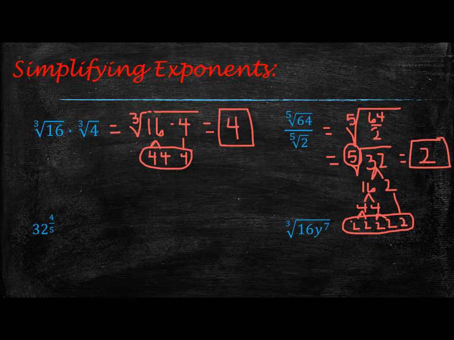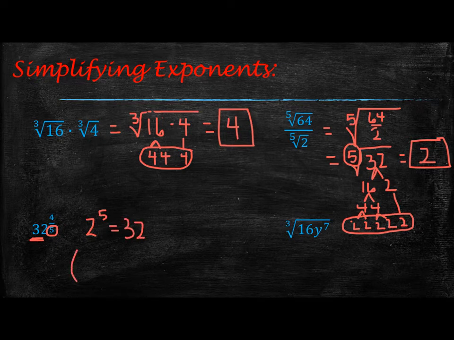Okay, let's look at this next one, 32 to the 4/5 power. I could convert it to a radical, but let's look at this a little differently. If you have a denominator of 5, let's see if we can write 32 to have a power of 5. In this previous example, we noticed that 2 to the 5th power is equal to 32.